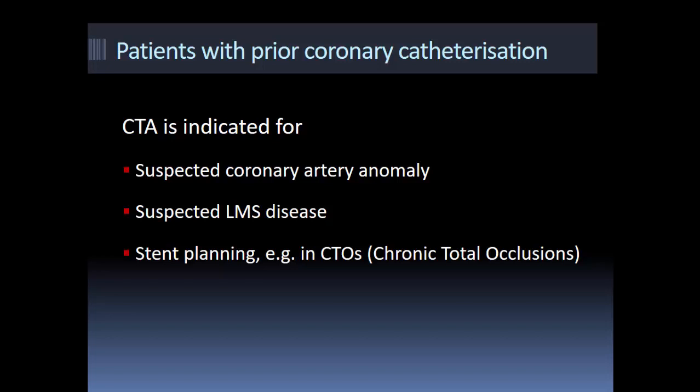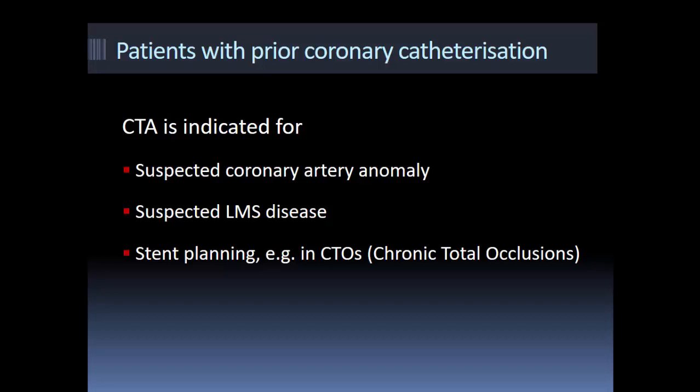So CT is very good for that purpose. Suspected left main stem disease, when the significance of that is uncertain, and for stent planning, for example, in patients with chronic total occlusions.